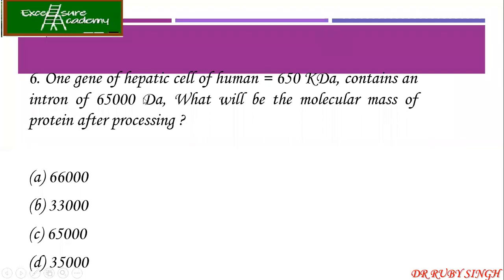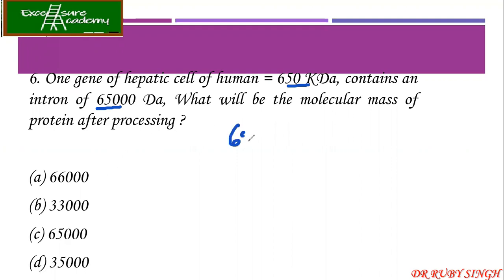One more question. One gene of a human hepatic cell has 650 kilodalton. It contains an intron of 65, okay, this is 650 kilodalton and this is 65,000 Dalton. What will be the molecular mass of the protein after processing? Simple. So what are you going to do?